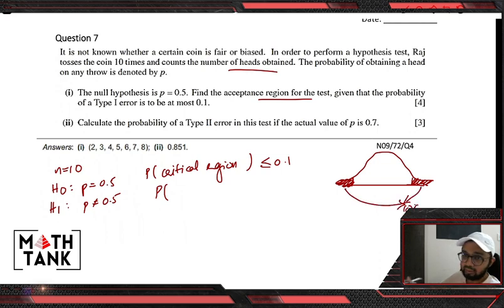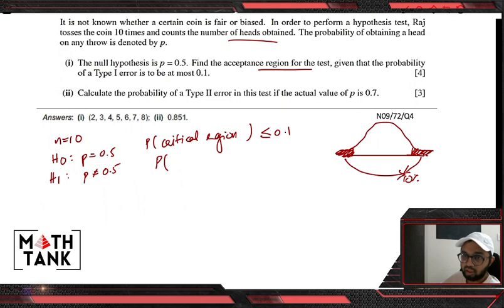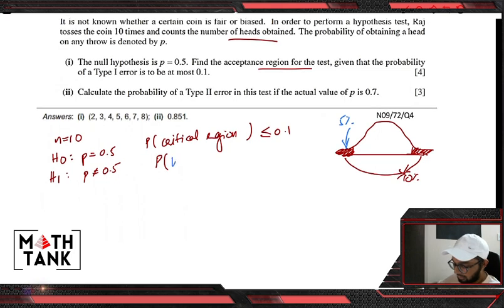Since the critical region has to be symmetric, one of these will be 5%. That will help me draw up the critical region appropriately, as I can test one side at a time and then replicate onto the other side. So I'm going to say that the lower tail should be less than or equal to 0.05.